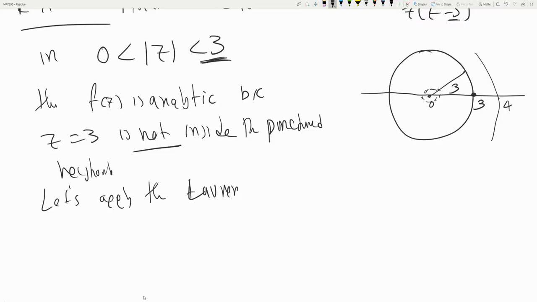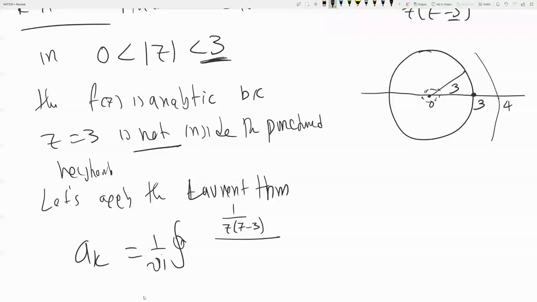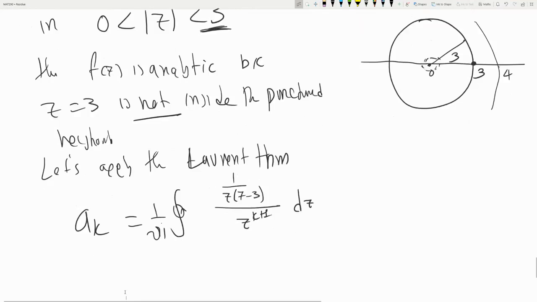Laurent theorem. So this is 1 over 2 pi i, the integral of 1 over z minus 3, over z to the k plus 1. Okay, so that's your guy.